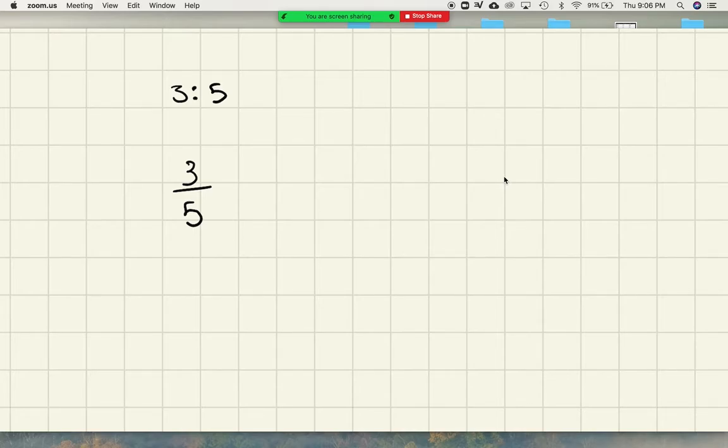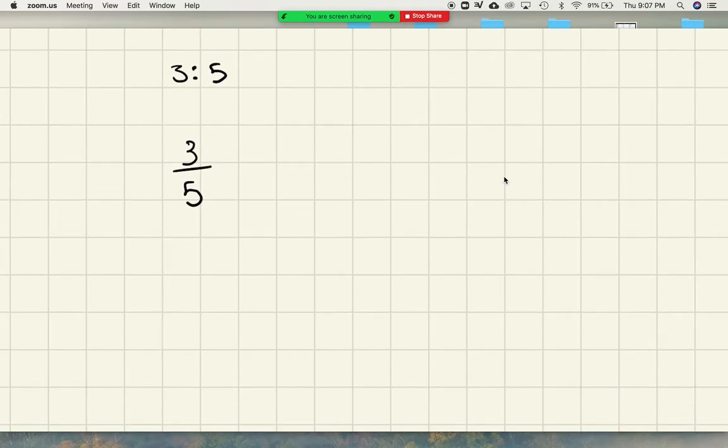Kevin says that there must be 8. There doesn't have to be 8 people. The ratio in that classroom is 3 girls to 5 boys. This is kind of the smallest ratio that we can get. We can't reduce this anymore. If I try to divide this by 3 and this by 3, 5 doesn't divide by 3 evenly.